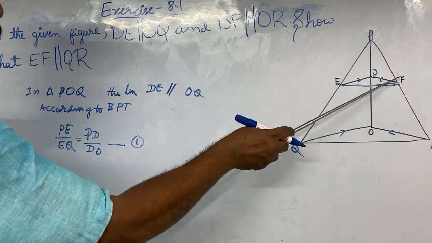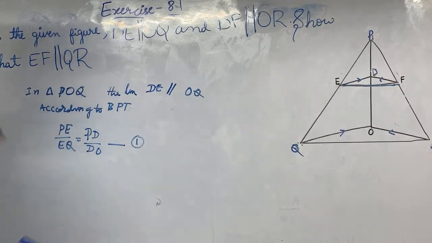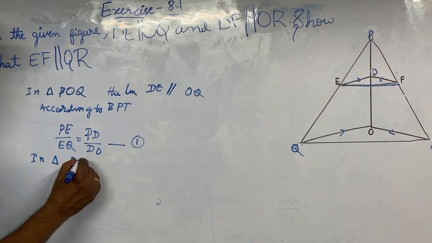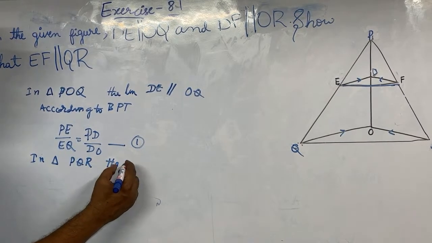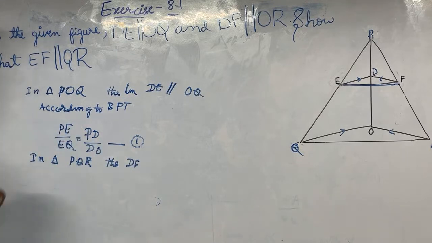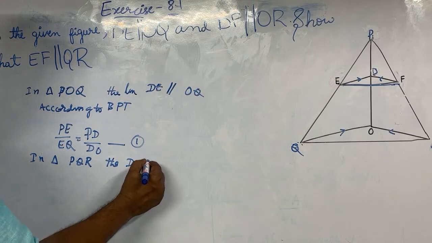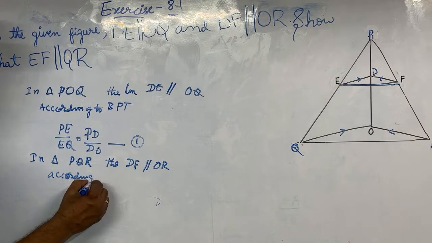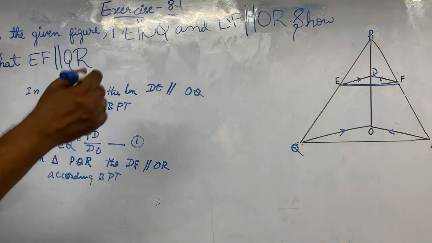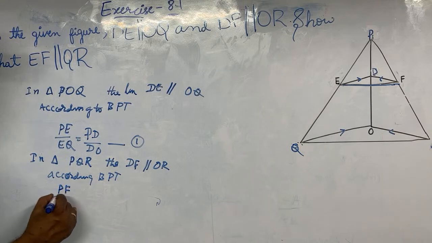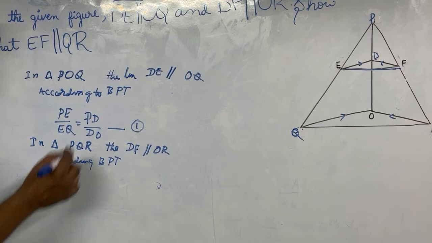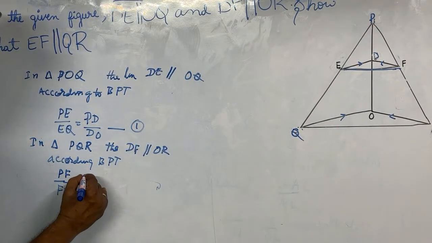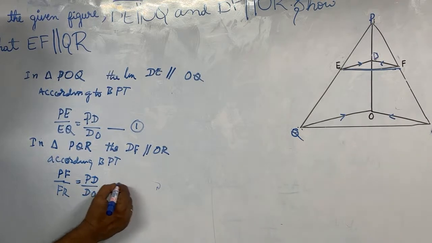In the triangle POR, the line DF is already given parallel to OR, so according to the basic proportionality theorem, PF by FR is equal to PD by DO. Now I got the second equation also.